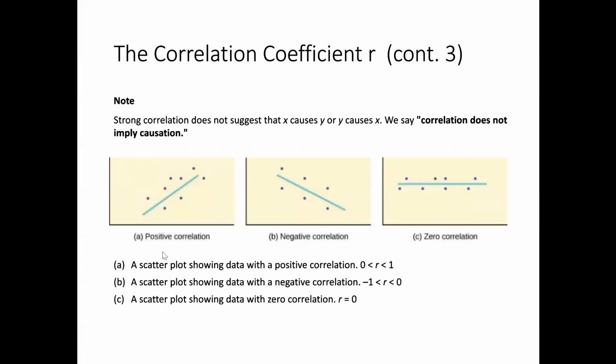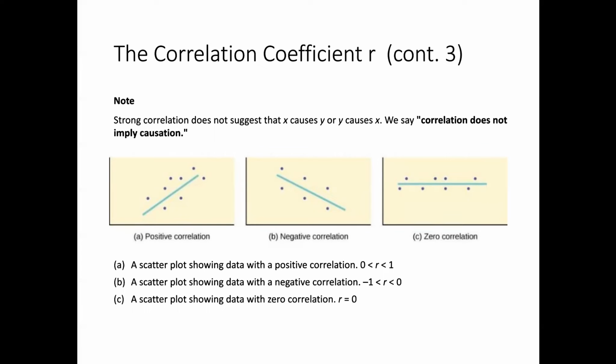Okay, so if you have a strong linear correlation that's positive, you're going to get a larger R. It's going to be closer to 1. If you have a strong negative correlation, which is the second image there, then you're going to get a value of R that's closer to -1.